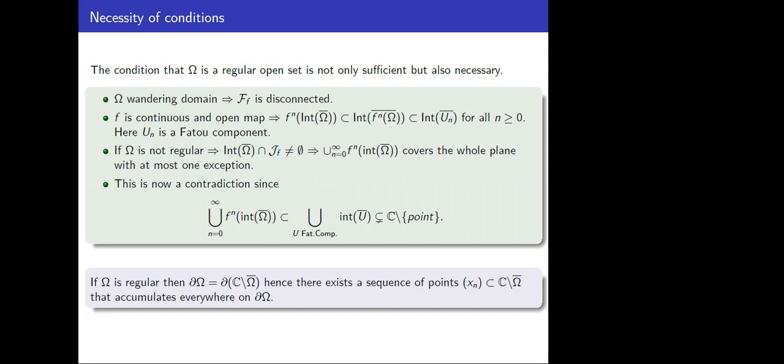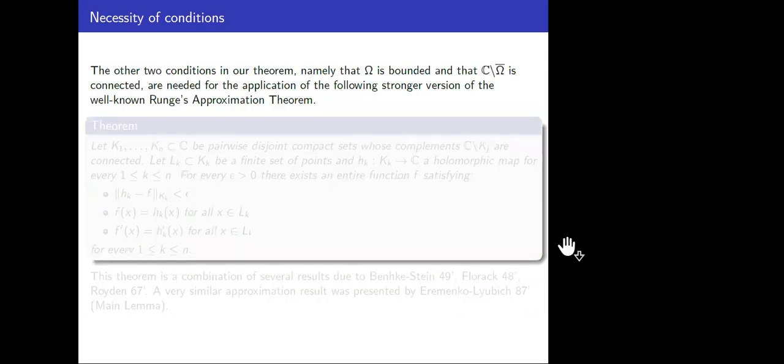So imagine if you have a circle, you can find points that go closer and closer, but they accumulate everywhere on the boundary. I will do the proof later, so don't worry. Okay, so it's written here: there exists a sequence of points outside that accumulates on the boundary.